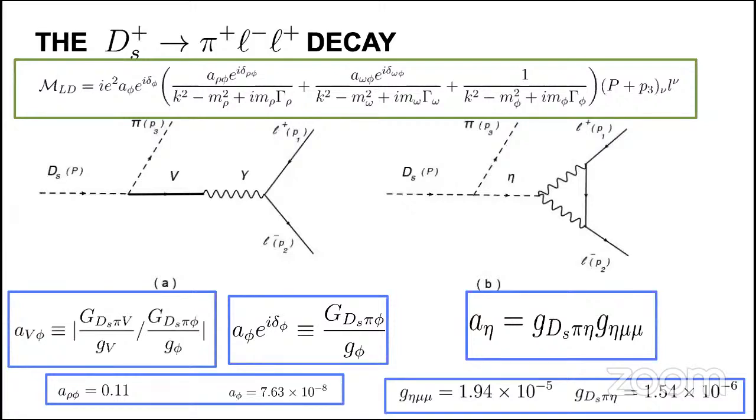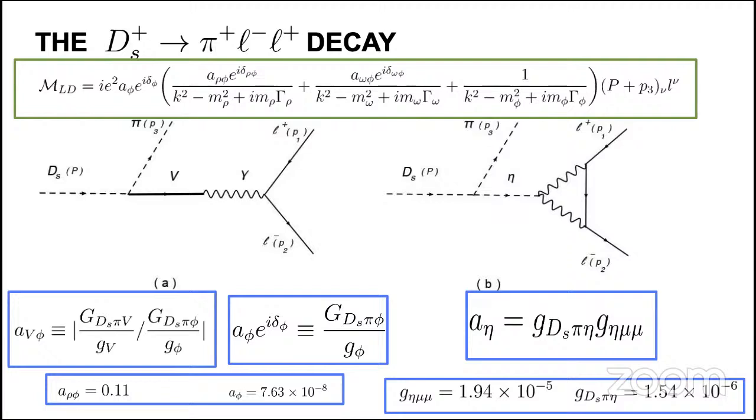The long distance contribution of this decay comes from two possible diagrams. The first one is based on a vector meson intermediate state. The second option is when this process is mediated by a scalar meson.